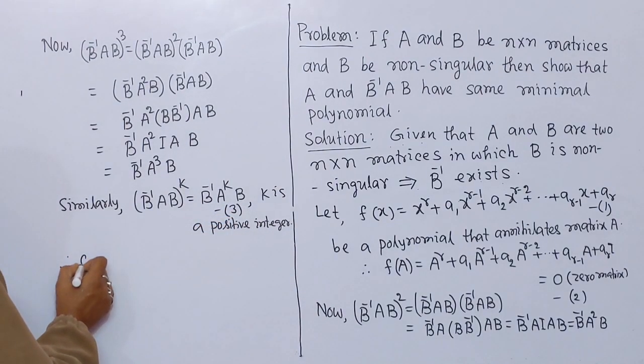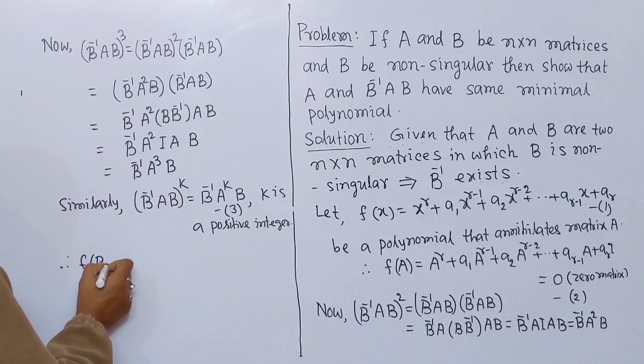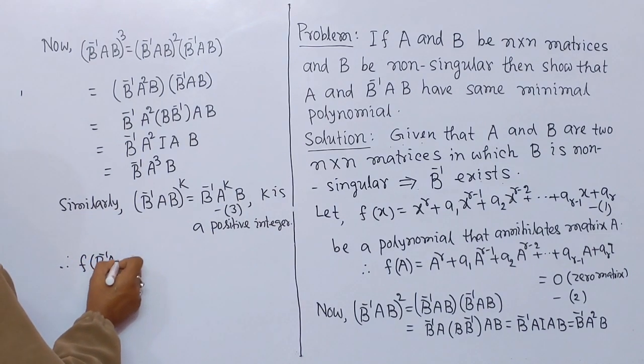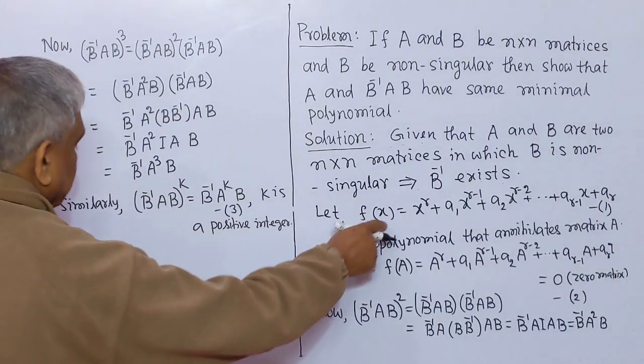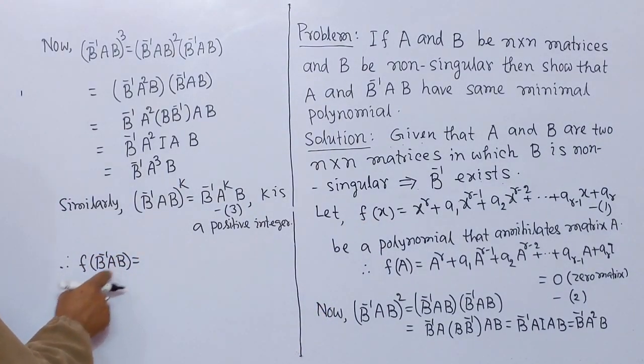Therefore, f(B inverse AB), in place of x we have B inverse AB.